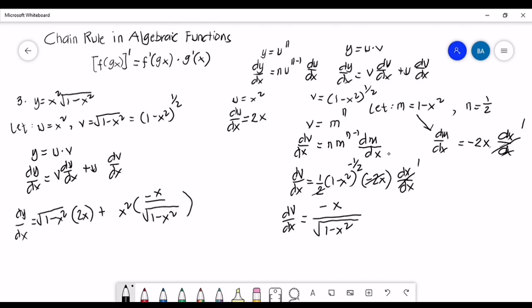If we simplify this, it is 2x times the square root of 1 minus x squared, minus x squared times x, which is x raised to 3, over the square root of 1 minus x squared.